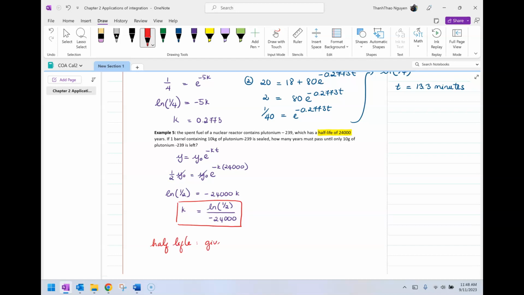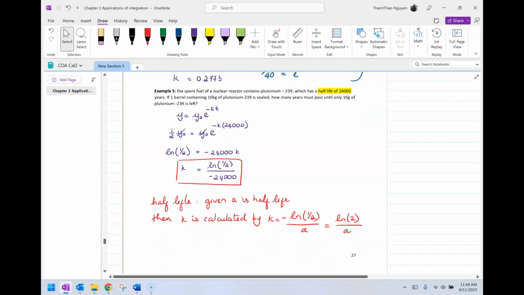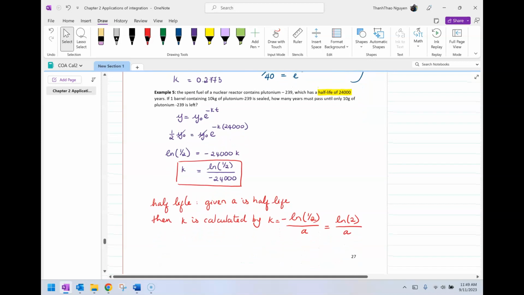So given A is the half-life, then k is calculated by k equals negative ln of 1/2 divided by A, and this is equivalent to ln of 2 divided by A. Okay.